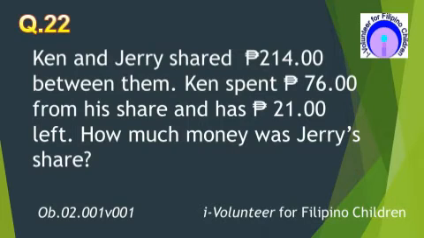I repeat, Ken and Jerry shared 214 pesos between them. Ken spent 76 pesos from his share and has 21 pesos left. How much money was Jerry's share? Your timer starts now.